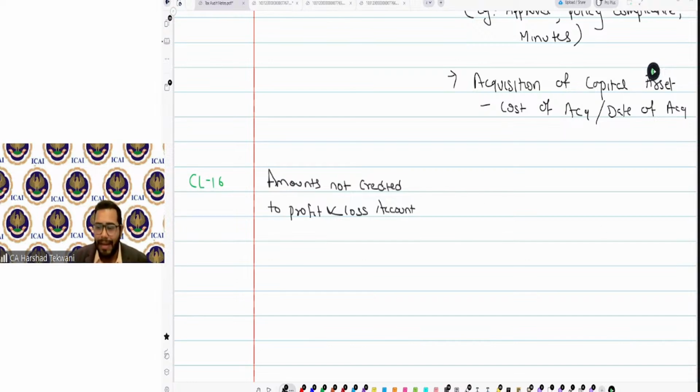Under the various subclauses of clause 16, there are types of amounts that, if they are not credited to the profit and loss account, you report. For example, first, items falling within the scope of section 28.